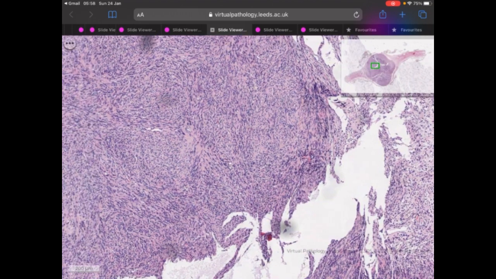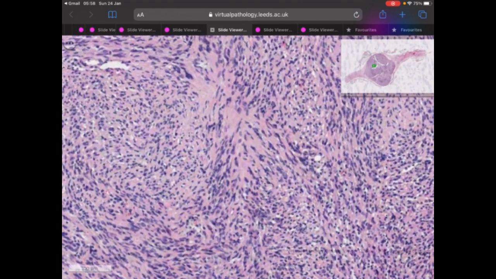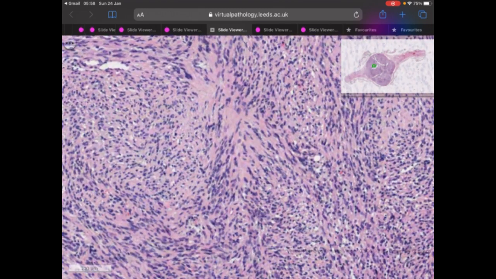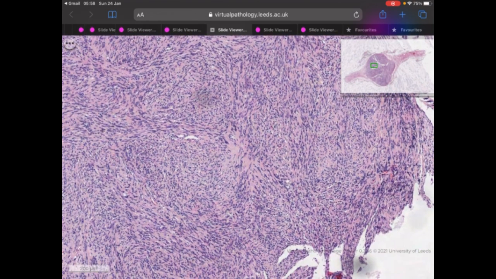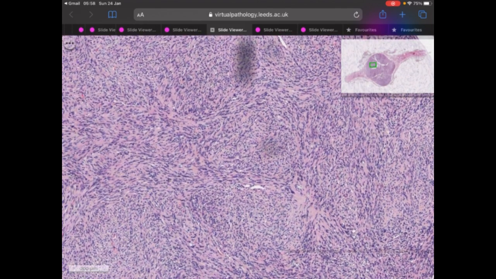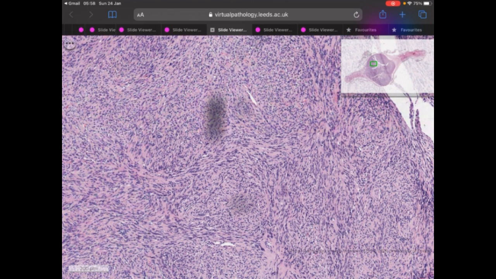And in the Antoni A area, the cellular area, usually we will see these Verocay bodies. You can appreciate the palisading of the nuclei, with this at the center, alternating with areas of anucleate zones. This is better appreciated in this view. I believe there are many Verocay bodies.